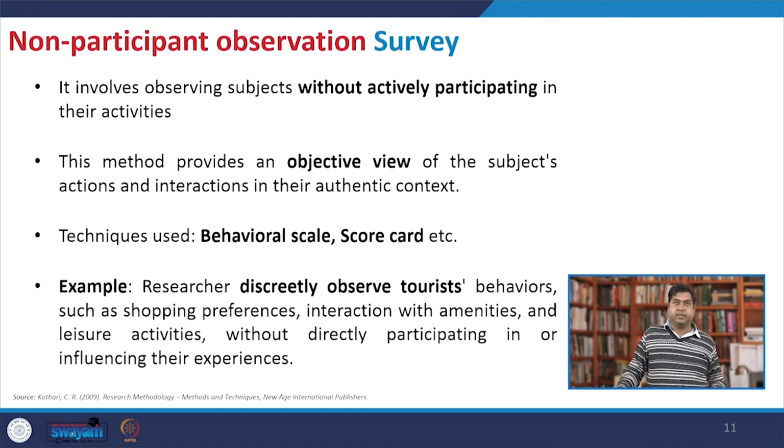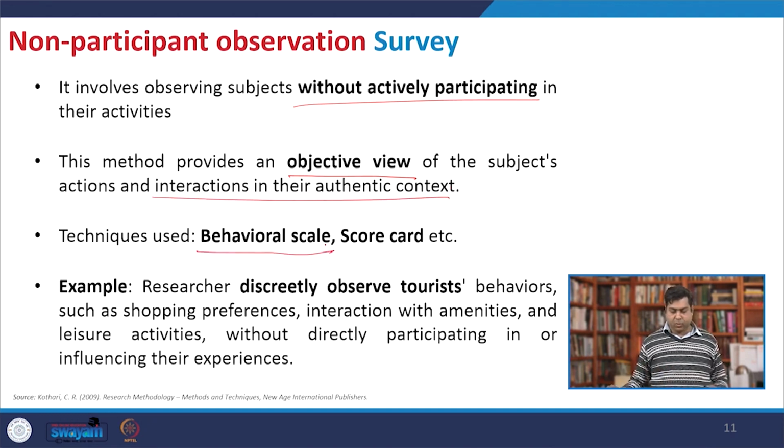Non-participant observation survey involves observing subjects without actively participating in their activities. This method provides an objective view of the subject's actions and interactions in their authentic context. It may be a scorecard or behavioral scale that we can use.